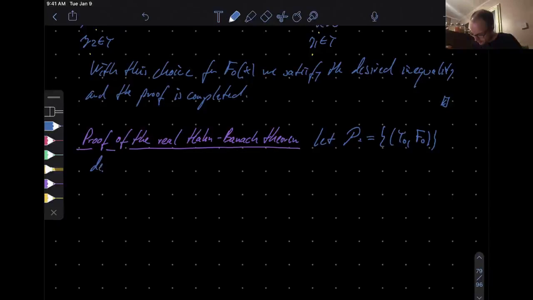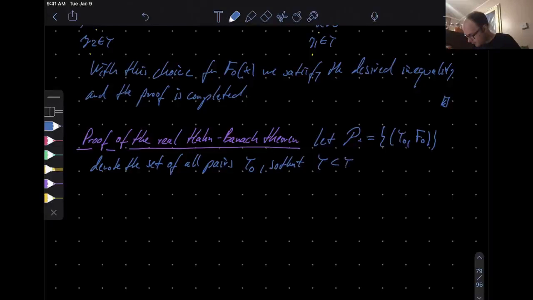Denote the set of all pairs such that y is properly contained in y0, and this is a subset of X. This is what we achieved in the extension proposition right above this proof. And then, of course, f0 would be the linear functional that has these good properties on y0.